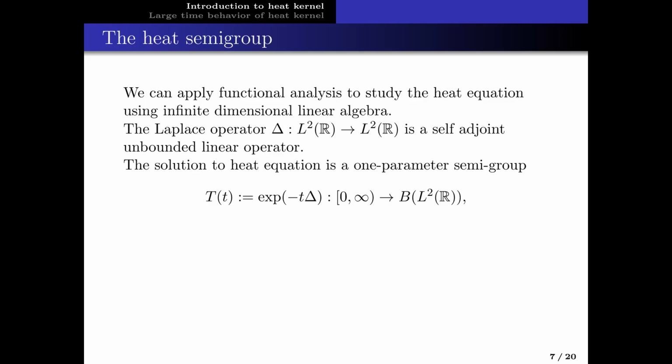This is a one-parameter semigroup defined by this unbounded self-adjoint operator and satisfying the following property. At t equal to zero, we have the identity operator. It is a semigroup, so we have this group property, and the generator of this semigroup is exactly our Laplacian, or the modulus of the Laplacian.